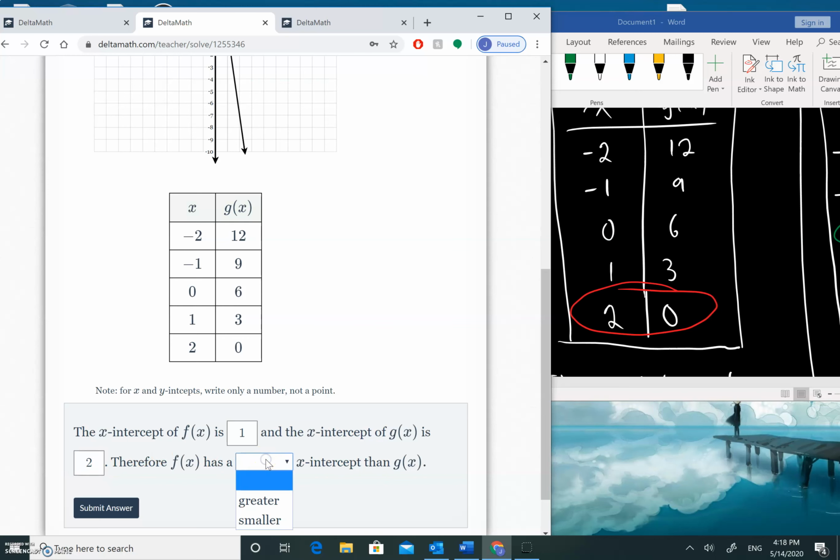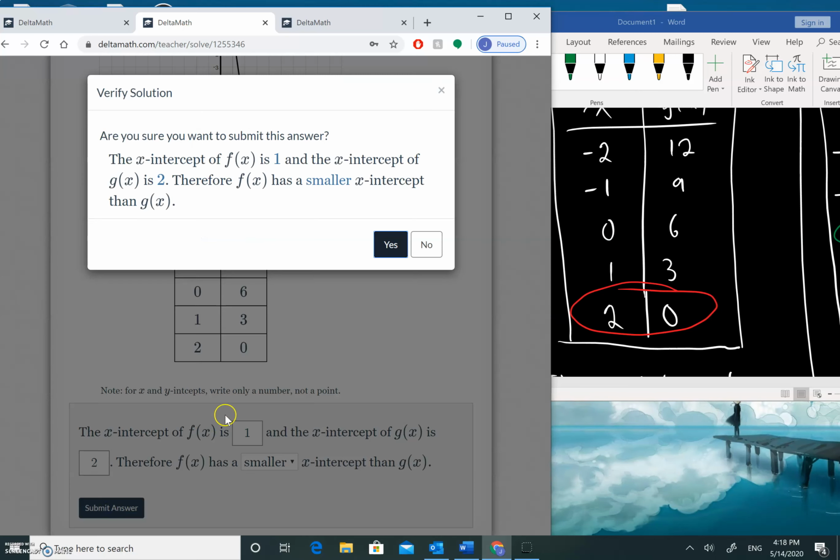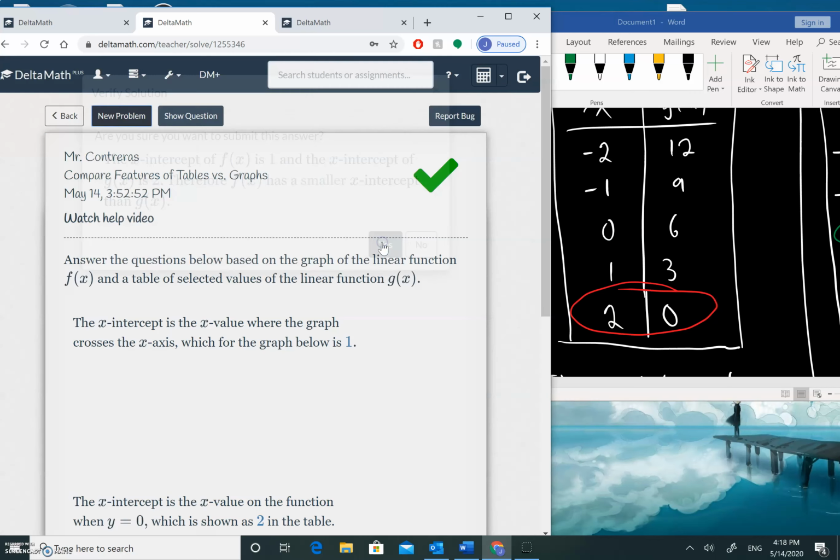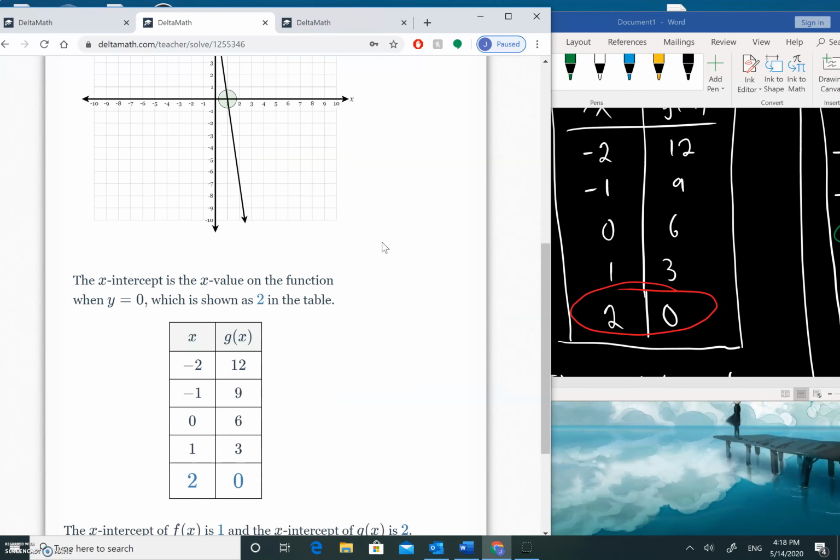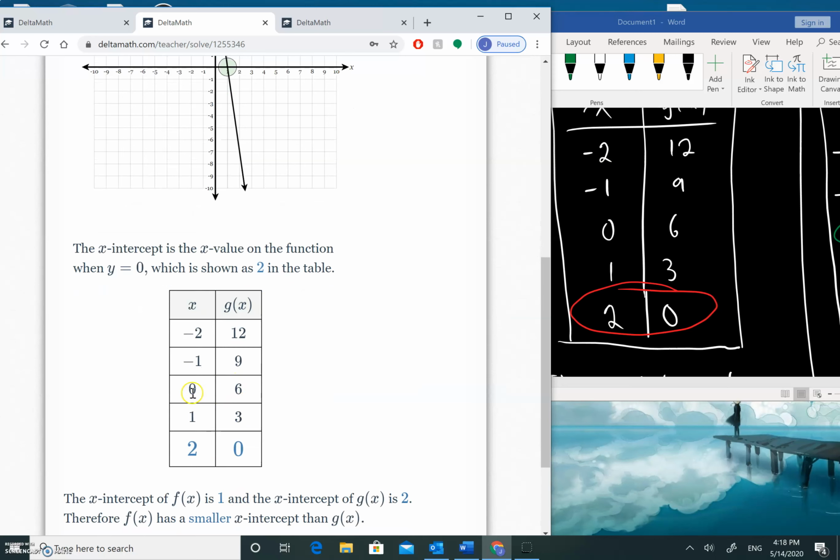Therefore, f of x has a smaller x-intercept than our g of x. Okay? And like I said, they're always going to go ahead and give you the y-intercept as well, just to try to confuse you. So pay attention and try to remember that you always go ahead and find the x-intercept when y is equal to 0.